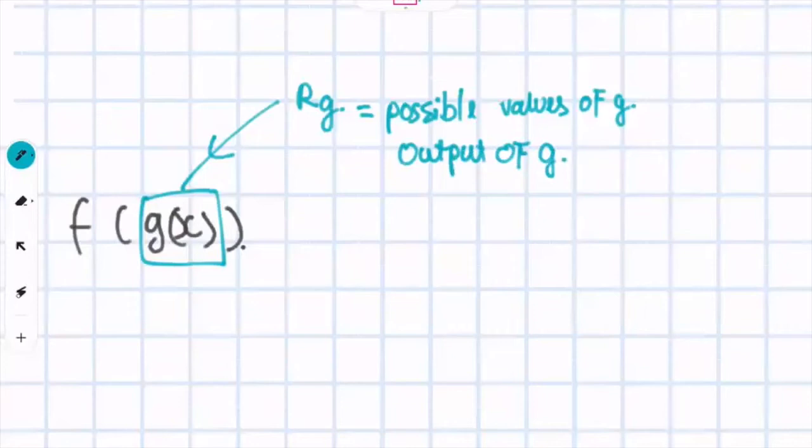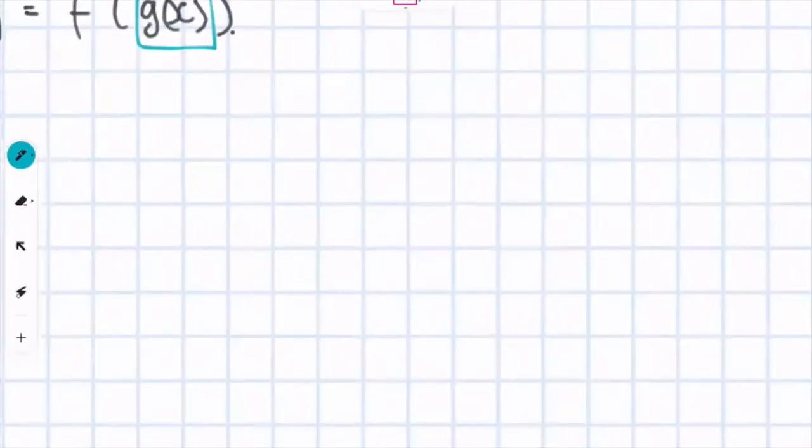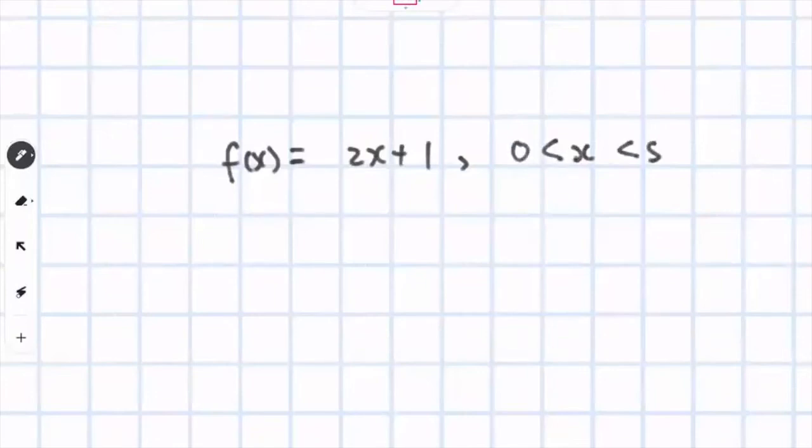What is the output? Number. It's just a number in the graph. Okay, I give a very simple example. Fx is equal to 2x plus 1. I give the domain, X is from 0 to 5, like this.